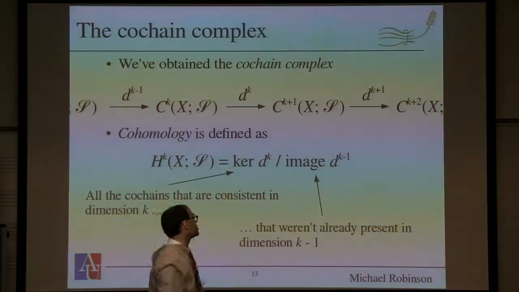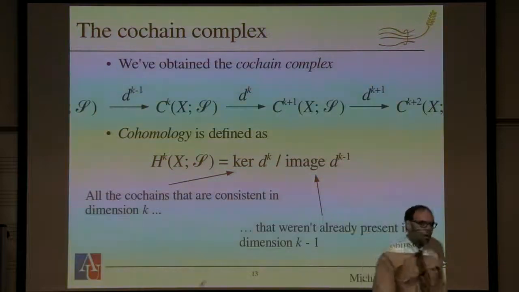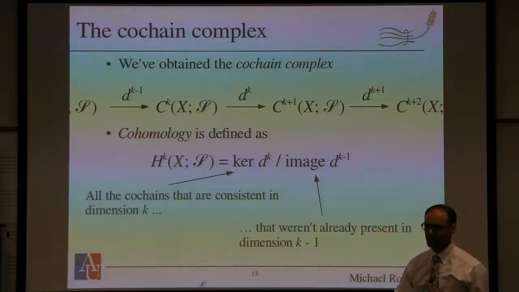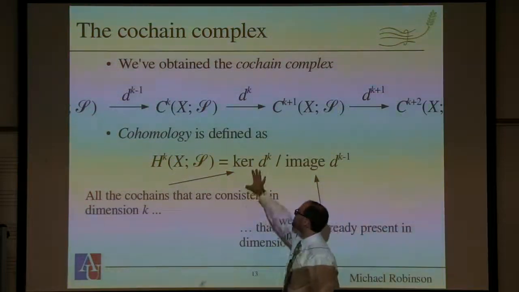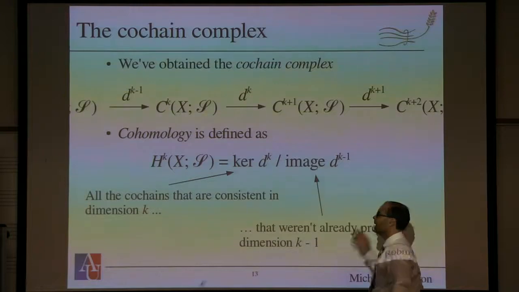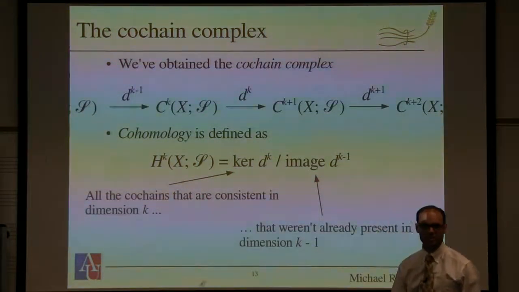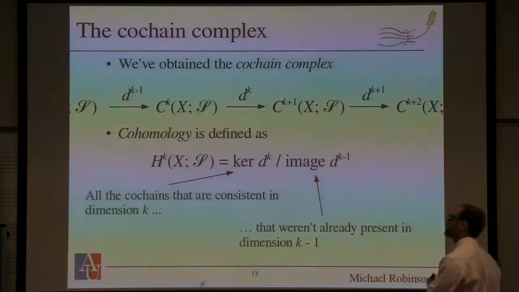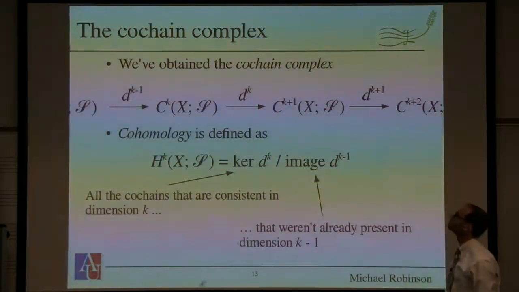It says consistent. On the other hand, I'm ignoring the ones that were already present. So take all of the data that are consistent at simplices of this dimension, but ignore the ones that come from data from lower dimensional simplices. That's what this is. This is merely asking for that kind of consistent data that was non-redundant. OK.